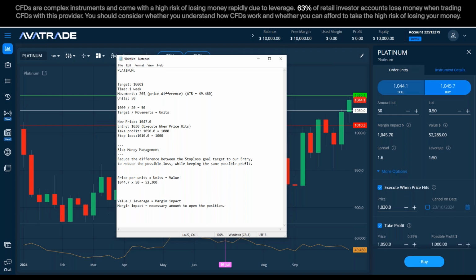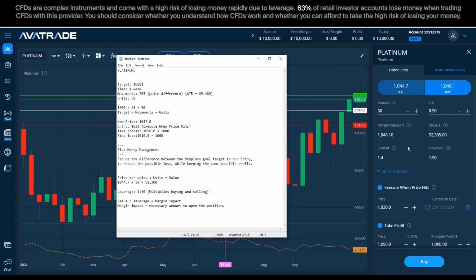In other words, what I actually need in my account to open the position is not what's mentioned here to the right. Okay, it's what's mentioned here to the left. Because leverage only multiplies buying and selling.